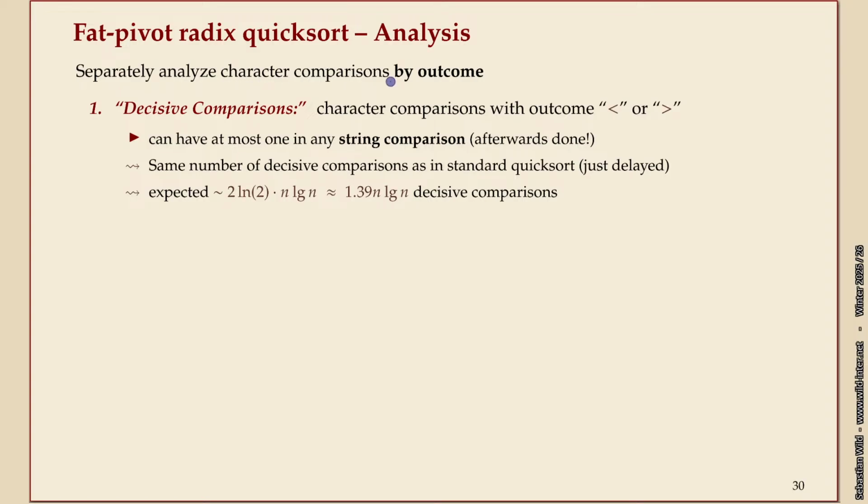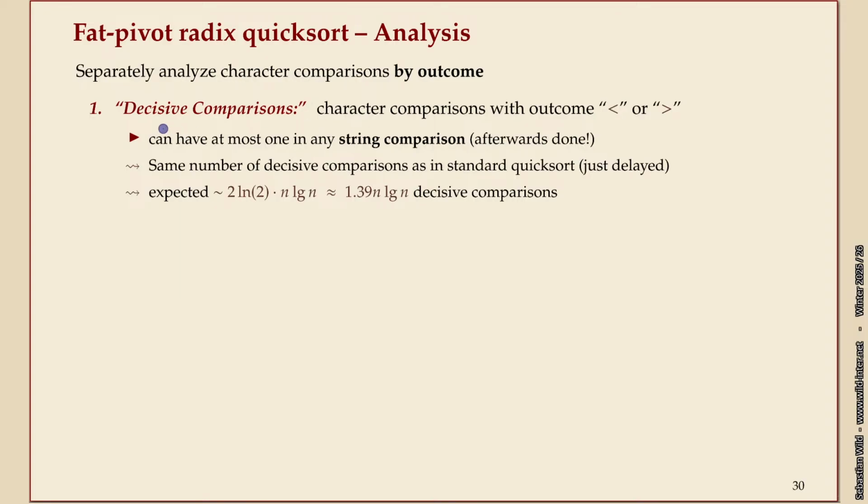We divide the kind of comparisons that we do into two classes depending on the outcome. This you can only do in the analysis, but that's fine. There's decisive comparisons, which are comparisons that decide a string comparison. So it's a character comparison, looking at two individual characters, where the outcome was strictly less or strictly greater.